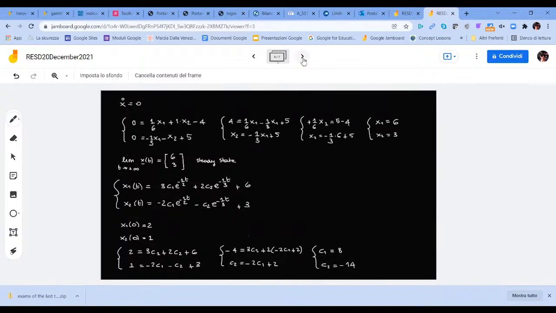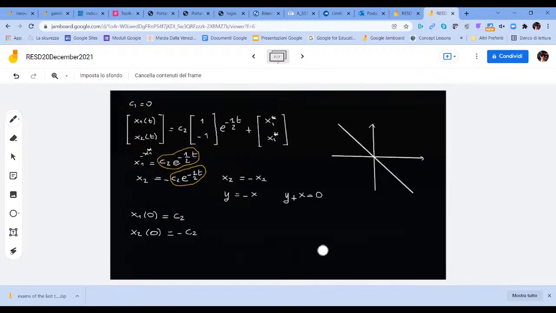Then I think this is a question that answers itself. The initial condition could be some multiple of the first state of this. C2 can be anything, without a fixed point.